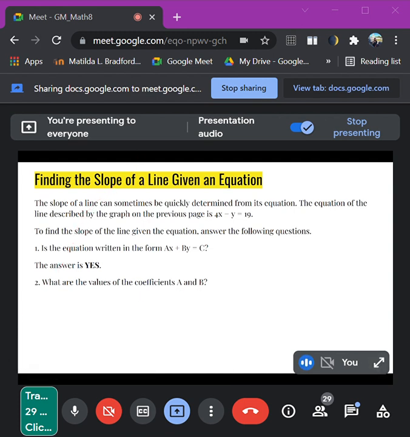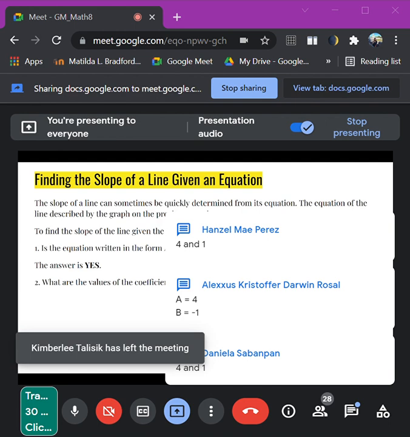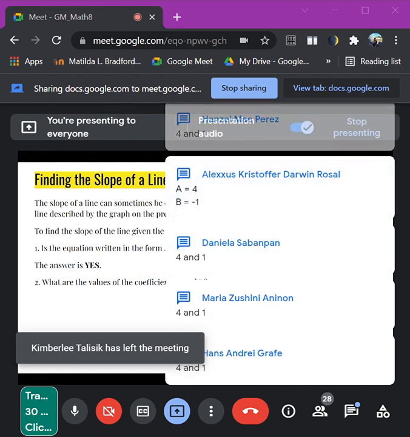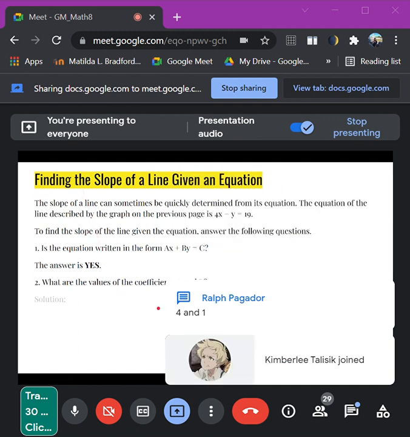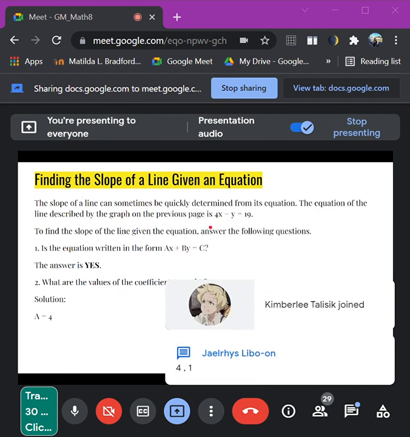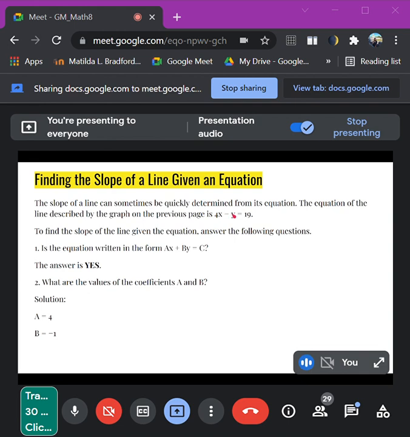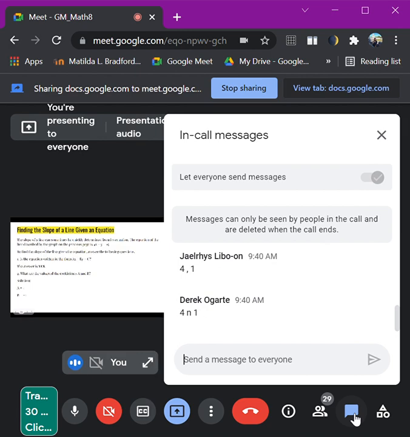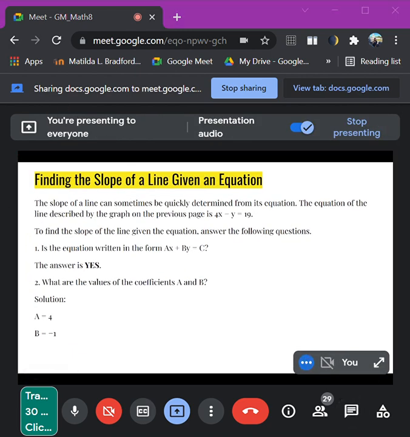Sa coefficients class, whole number man ni siya. Okay, so you have there 4 and negative 1. Di ba sa atong a, ang coefficient kay 4. And then, for our b, that is negative 1. Remember, naay negative diri. Okay? So, negative 1 na siya, class. Okay. Nasabtan nga 4 and negative 1.